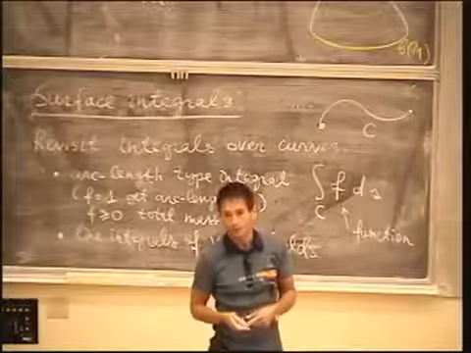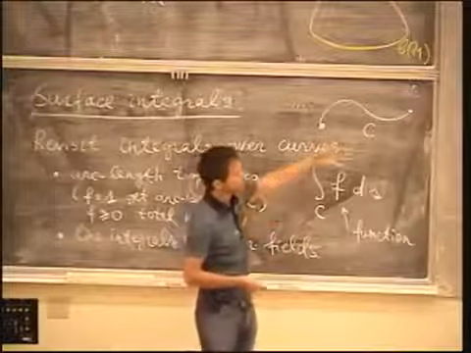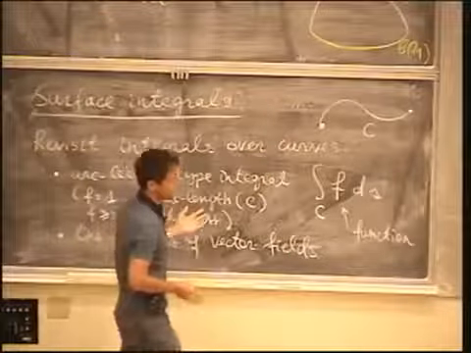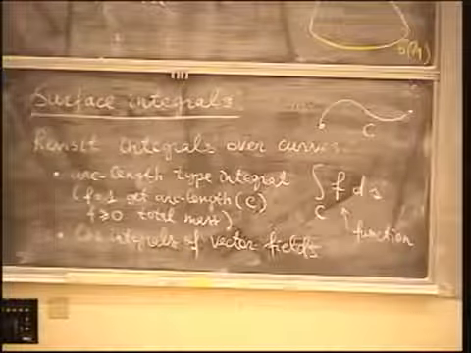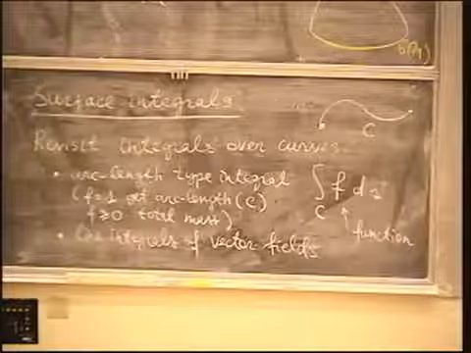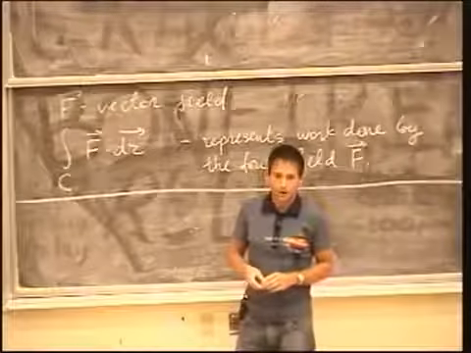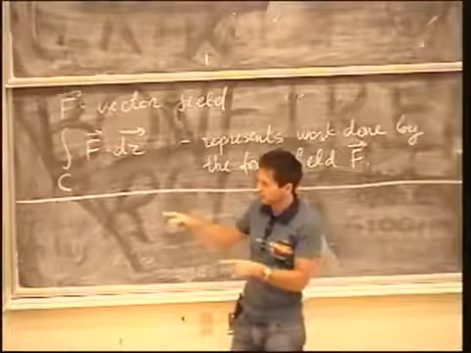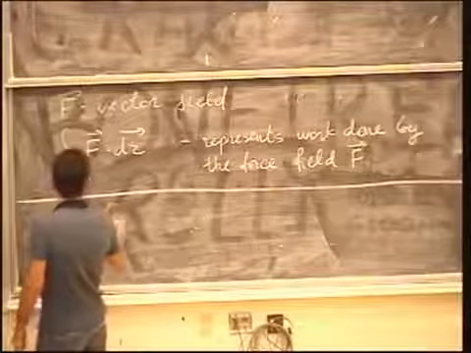In both cases, they will have nice interpretations, very similar to the interpretations we've learned for line integrals. So having recalled the integrals over curves, I now want to talk about surface integrals.